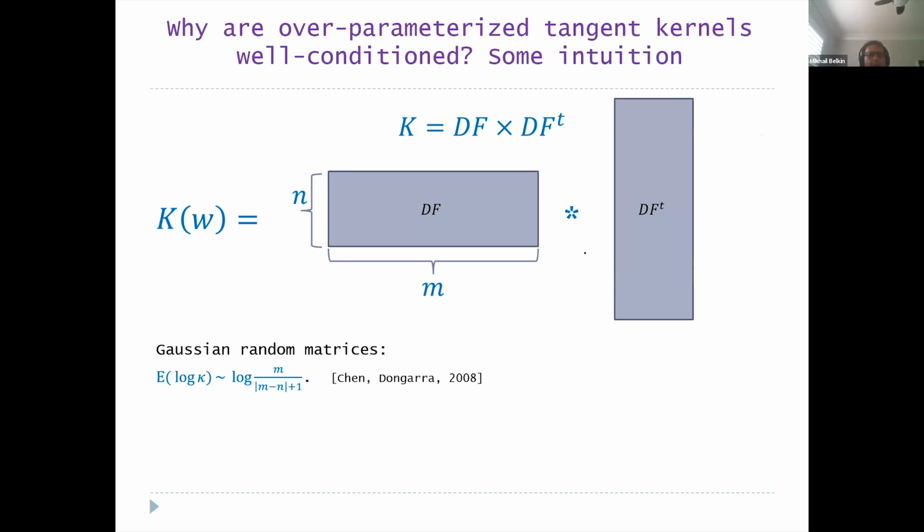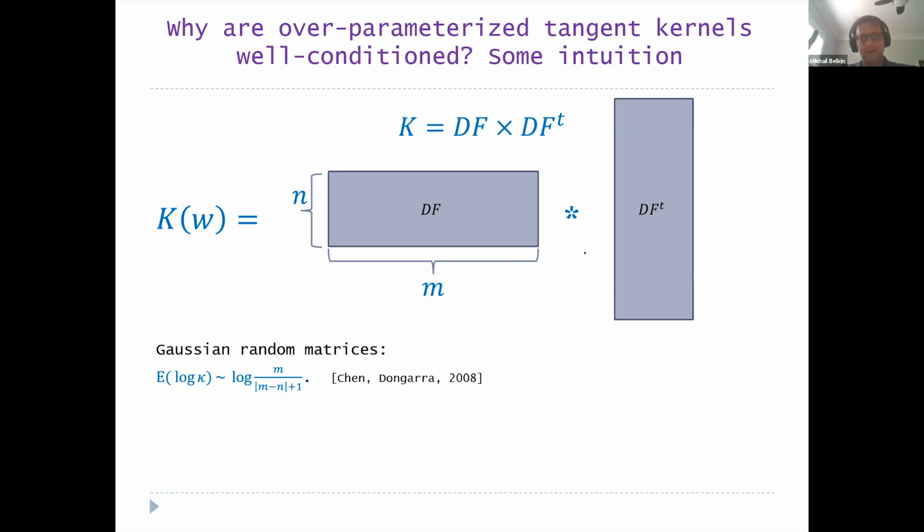Now, why are over-parameterized tangent kernels well-conditioned? Let me try to convince you that this is really a general thing. Whenever you have enough parameters, you're going to be well-conditioned. Why? Because of the following simple argument. Let us think about what happens when you have an over-parameterized system. That means that your M here is bigger than N, right?